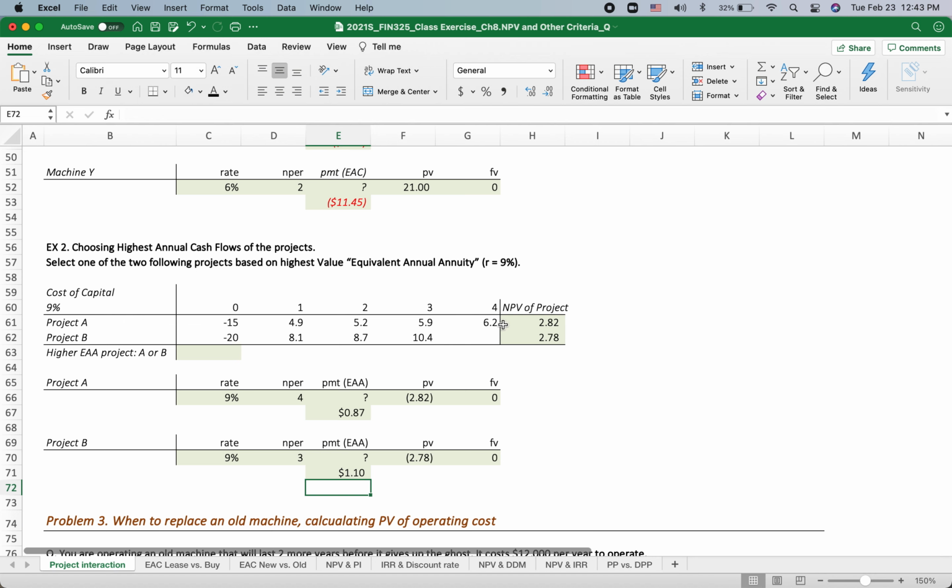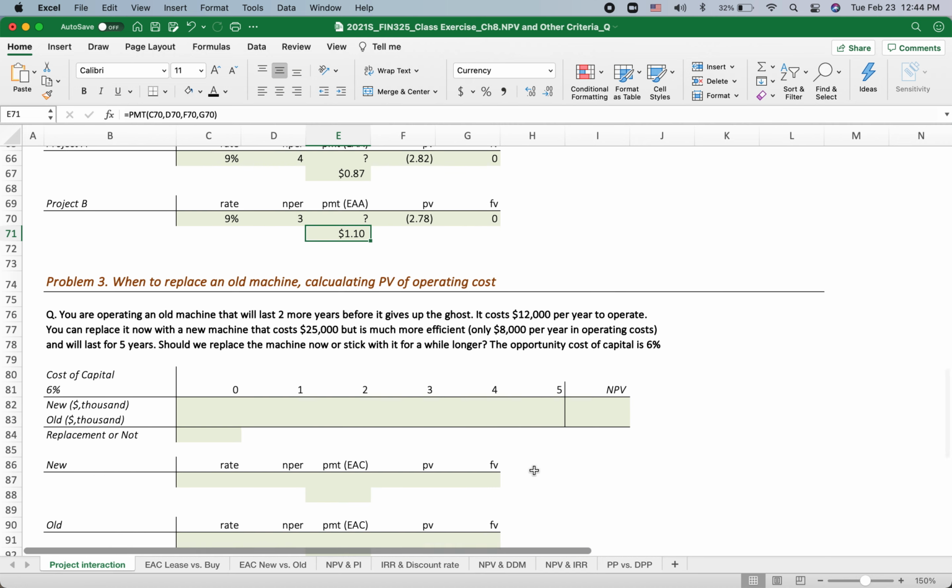So project A also recurs over and over again. So we want to recast this money with the same annuity, 0.87 or $1.1 every year, so that we can get this number.